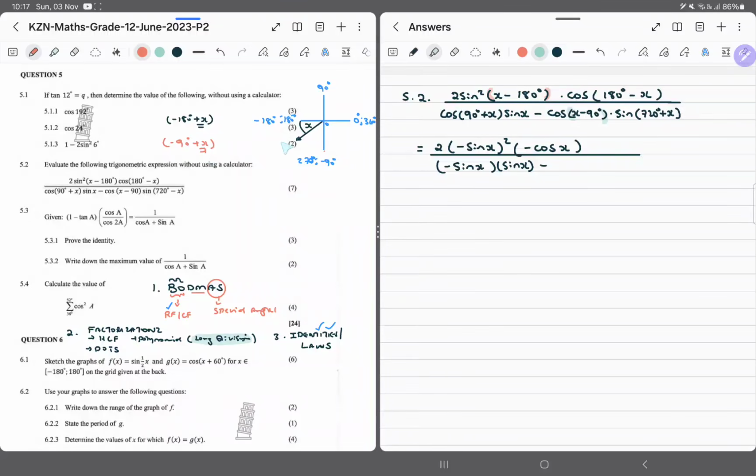Then if we're saying plus, we're going anti-clockwise, so that gives us the angle over there. So this is the angle in the fourth quadrant. So what do we know about cos in the fourth quadrant? It's positive. And if it is positive, what will be its coratio sign? Which should also be positive.